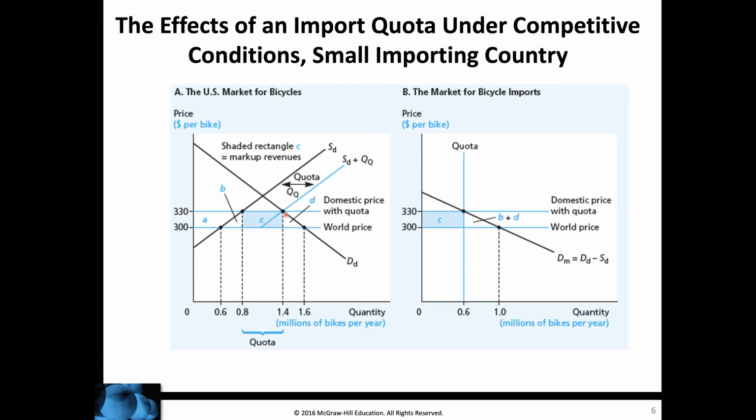When we introduce free trade, we would settle on the world price of 300, where producers in the US would produce 0.6. The demand in the US would be 1.6, and so the difference between 0.6 and 1.6 would be the amount that is imported without quota.